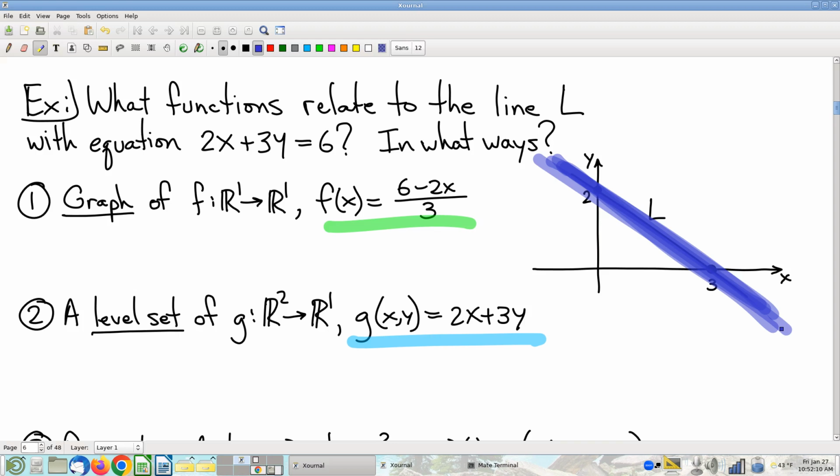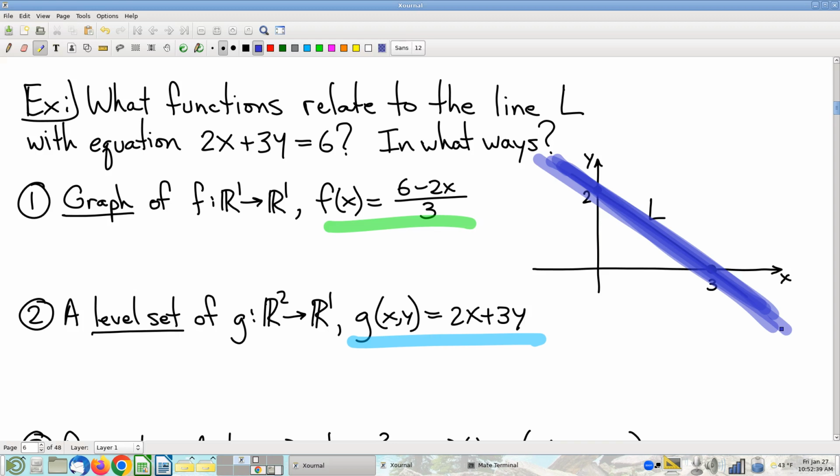But we will eventually find that the calculus of multivariable functions, and what that looks like geometrically, depends on what kind of picture you're drawing. If you're drawing a graph picture, there are certain connections we're going to make between derivatives and what that looks like on the picture. And if we're looking at level sets, then there are totally different connections that we're going to make between derivatives and what that looks like on the picture.